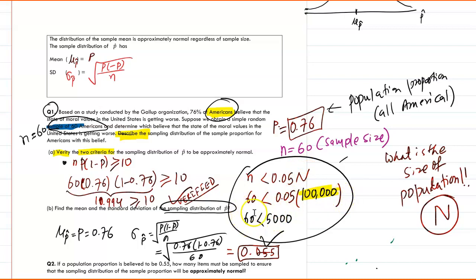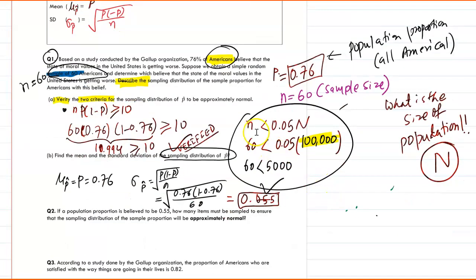Therefore 60 is always smaller than 5% of uppercase N. Remember that uppercase N is all Americans, which must be more than 100,000, but I first put 100,000 here just to see. Even if I put 100,000, it's going to be true. If I put bigger than 100,000, definitely 60 is going to be less than 5% of that number. And that's the two criteria verified.